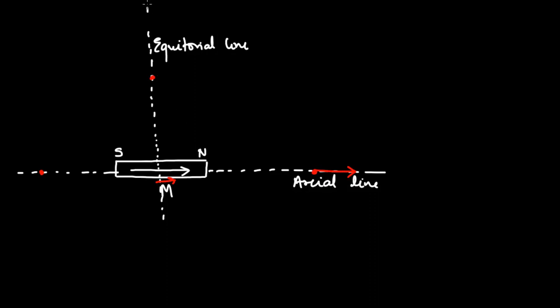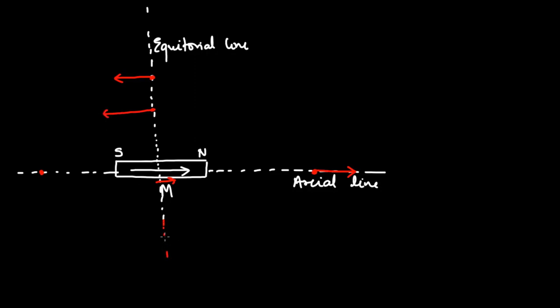And on the equatorial line, the magnetic field is opposite to the magnetic dipole moment m, that is in that direction at any point.